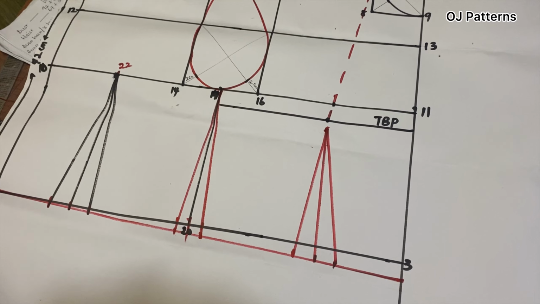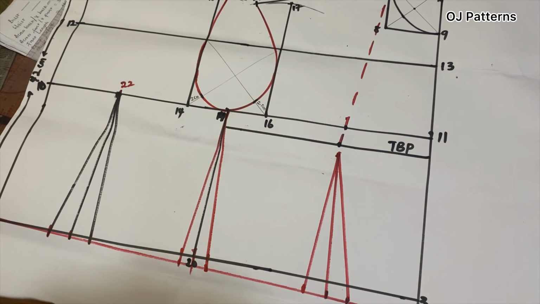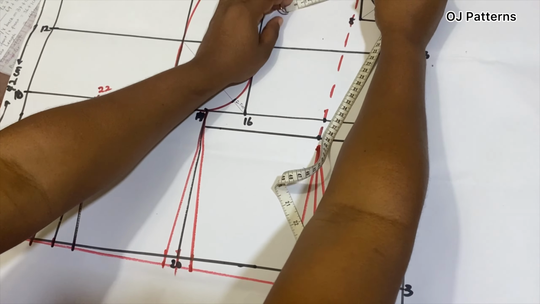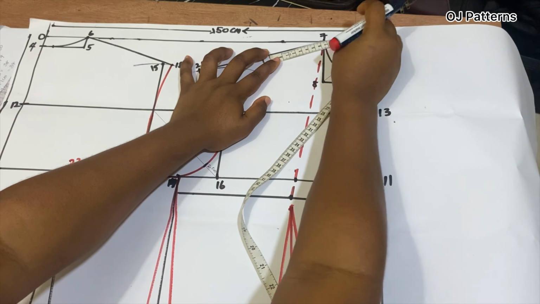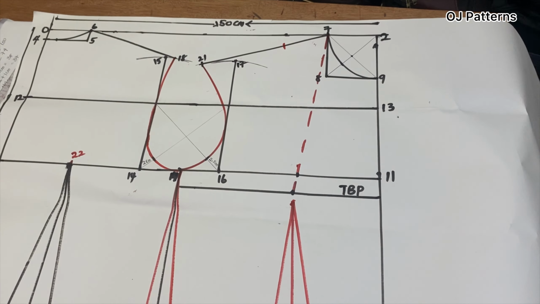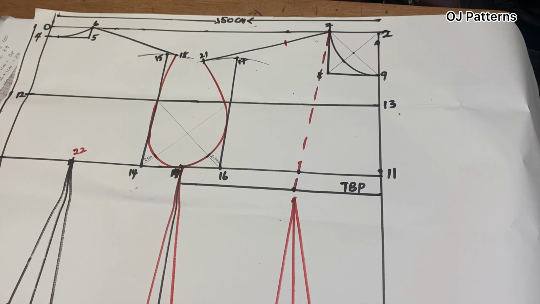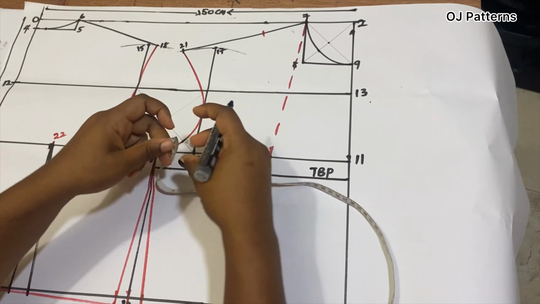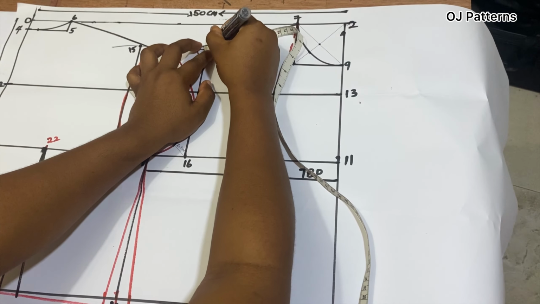Okay, next we'll move on to drawing the shoulder dart. Now from point 7 along the shoulder line, measure 6.5 and mark. So this is my 6.5. Now from the 6.5, measure 6 cm and mark.